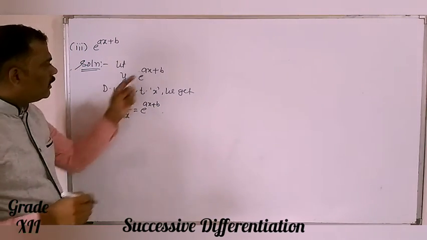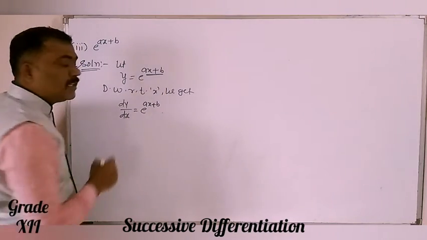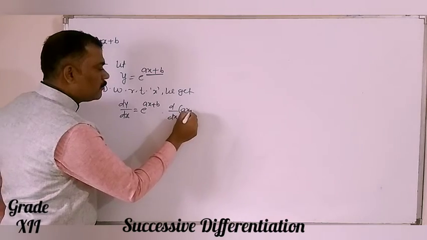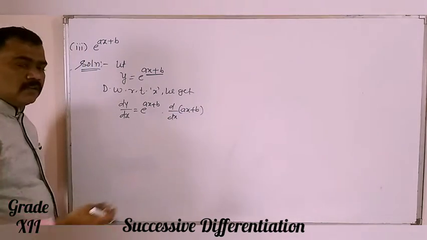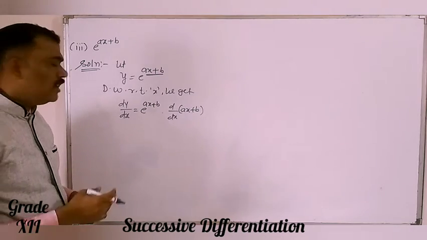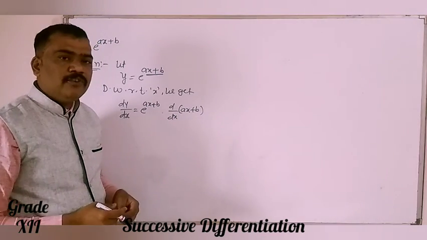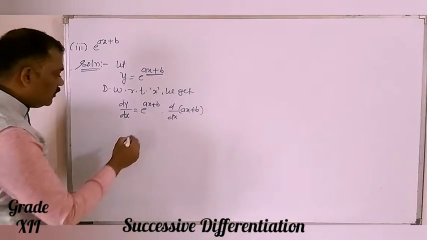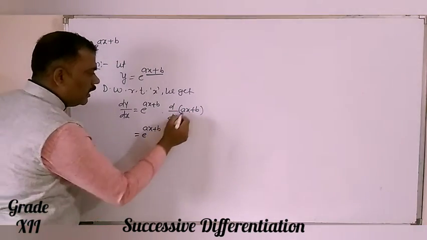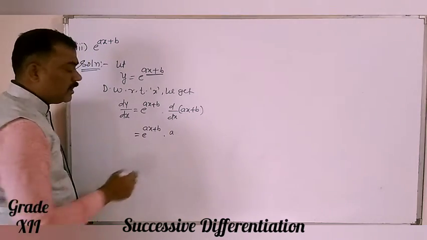Then we keep the finger on ax plus b, that is, into d dx of ax plus b. This is the last stage of this topic, differentiation, so we have to know how to take the derivative of ax plus b. So we get e raised to ax plus b into a, where a is a constant, so we take it outside.